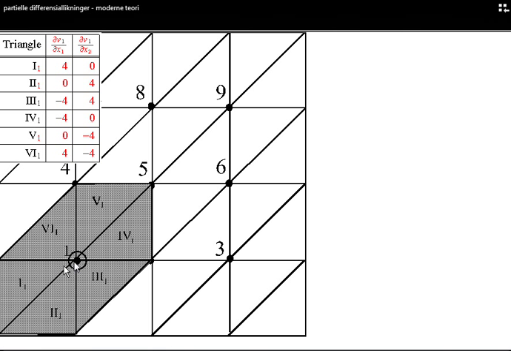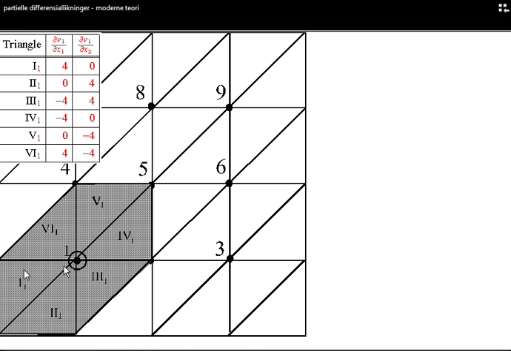The reason for this is that the value of the basis function here is 1, here it is 0, and the length between them is 1/4. So when we take the value of this node point and the value here, which is 0, and divide by the length 1/4, we obtain 4.